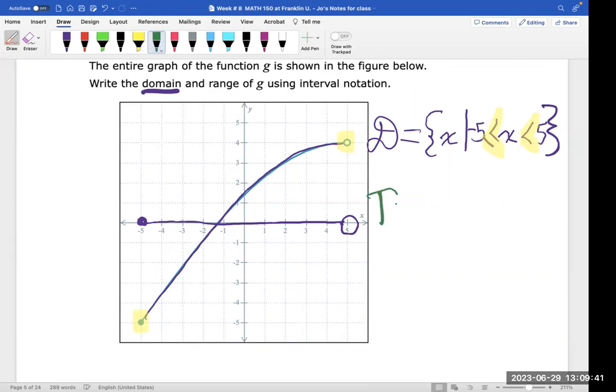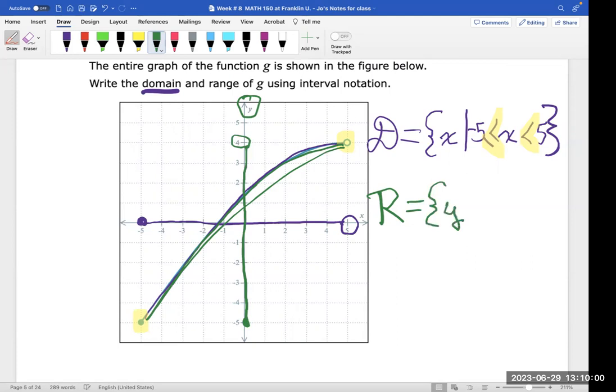Now I'm looking for my range. So again, I'm looking at the graph they gave me here, but now I'm looking along the y-axis. So it would be all of these points up to, but not including that point. So my range is the set of all y values.